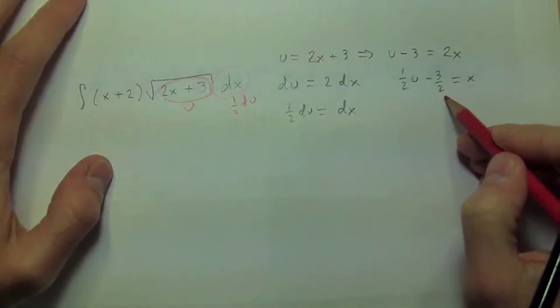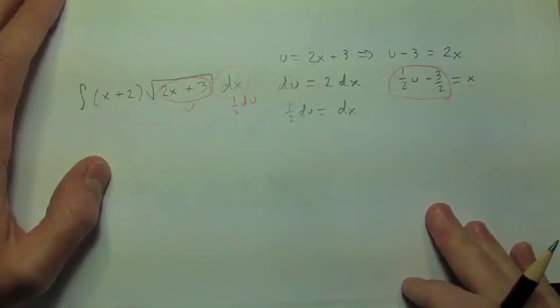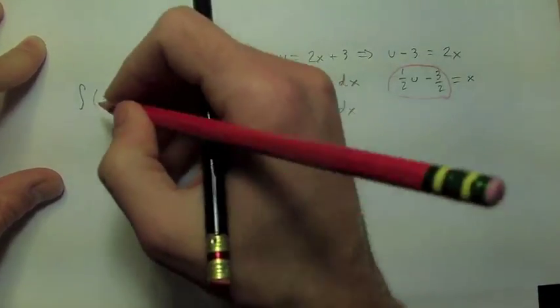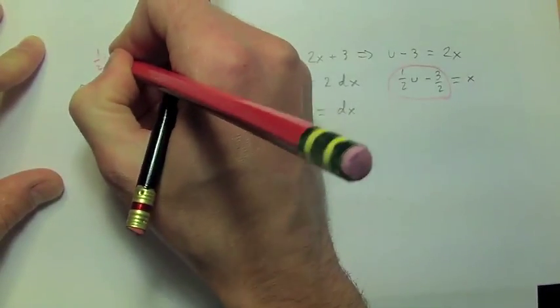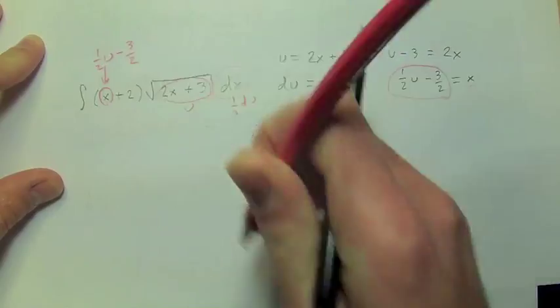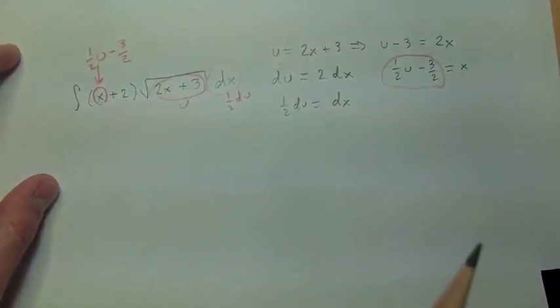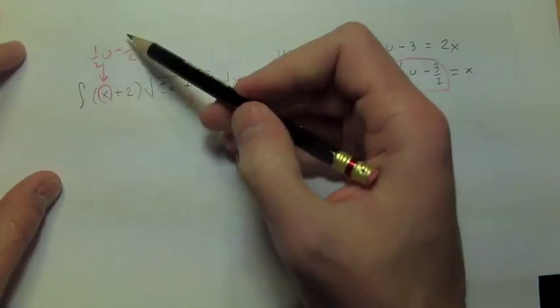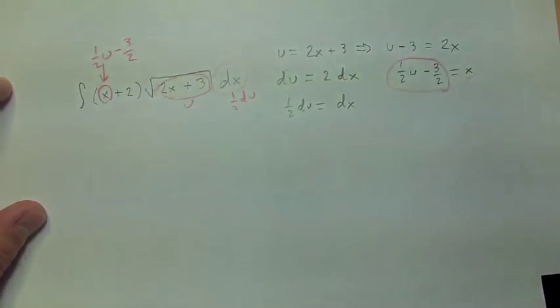Right, and here's what x is. This thing, 1/2 u minus 3/2. So x, I'm going to replace by 1/2 u minus 3/2. I'm going to leave that plus 2 sitting there. That's going to mess with this thing, but you'll see.